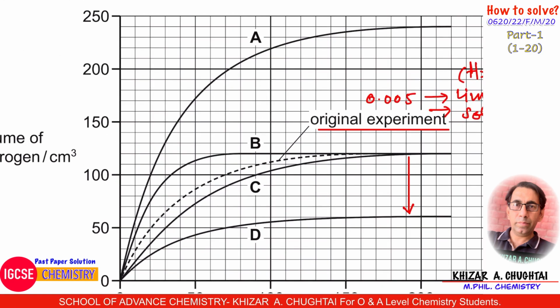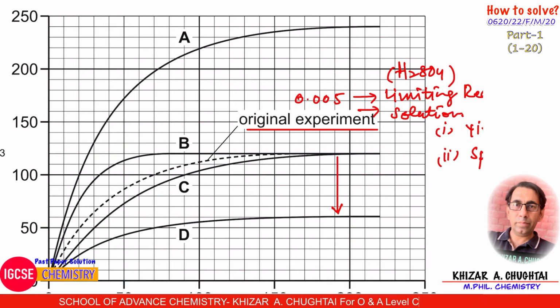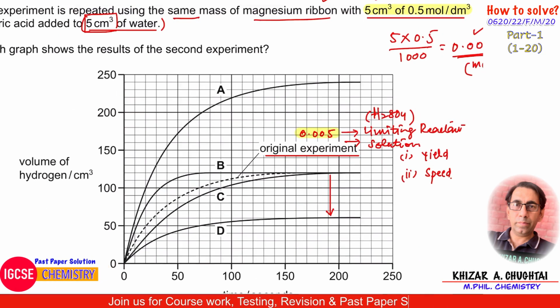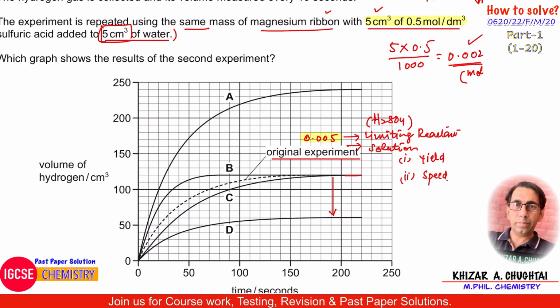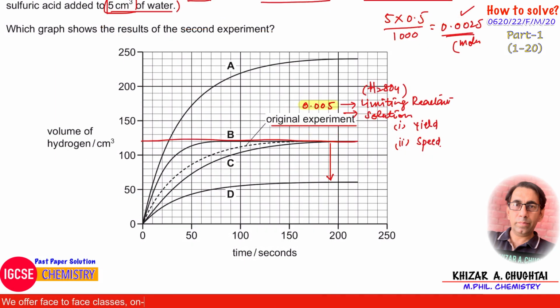Whenever you are using 0.005 mole of sulfuric acid, the yield is equal to this one. So this is the original yield, the yield of the first original experiment.